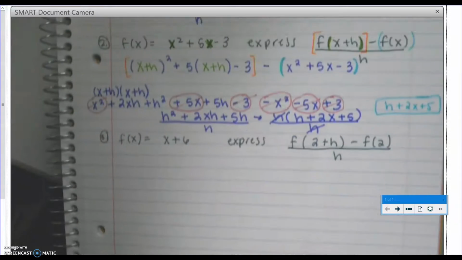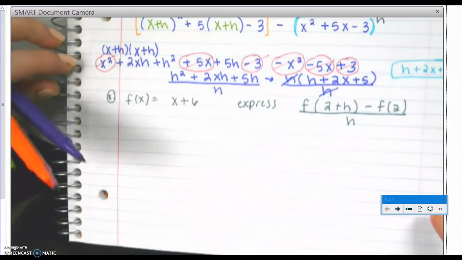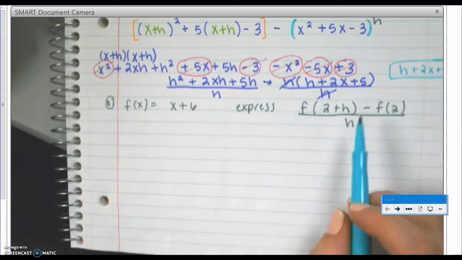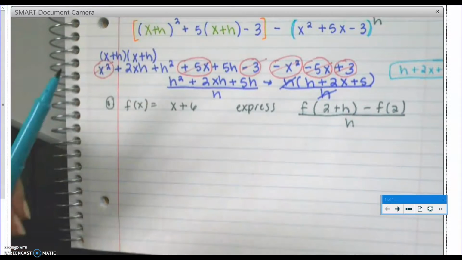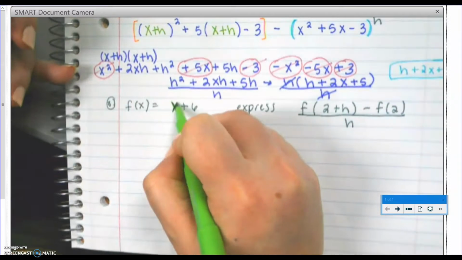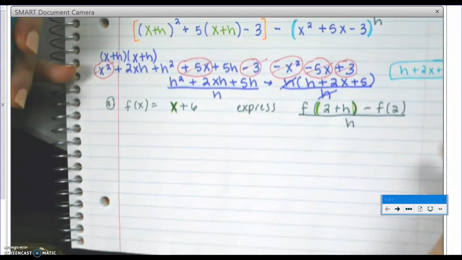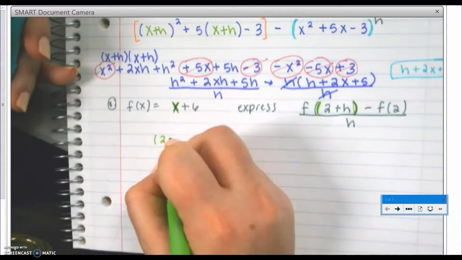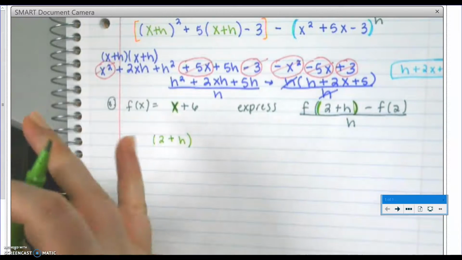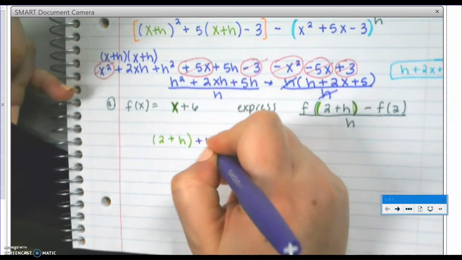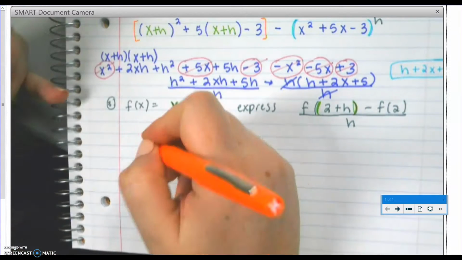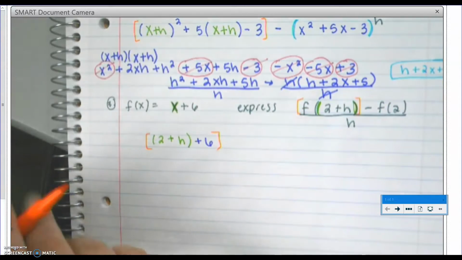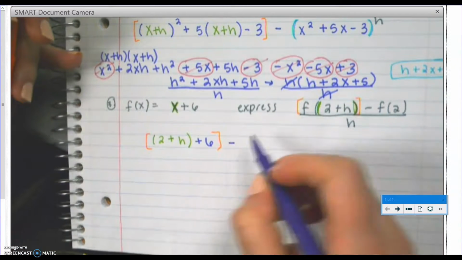All right, there are some examples where instead of x, they want you to actually replace it with a number, but it's the same concept. So again, wherever I had x, I'm going to be replacing x with 2 plus h. So that would be 2 plus h plus 6. And again, that is that, minus f of 2.